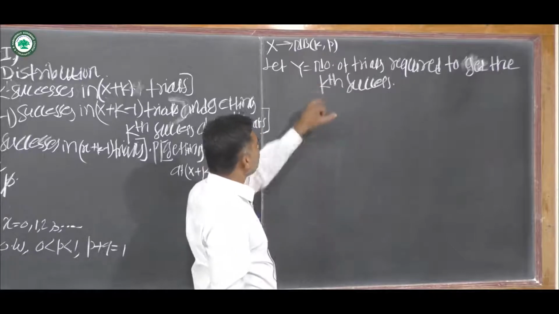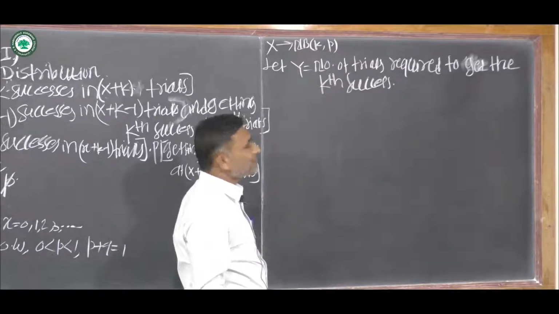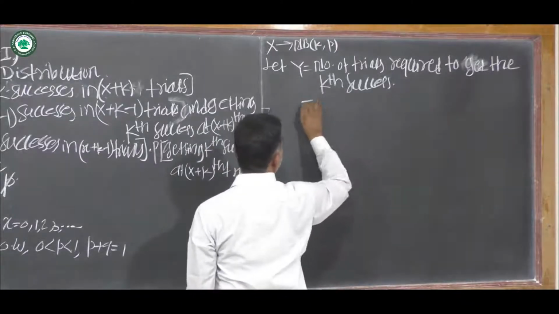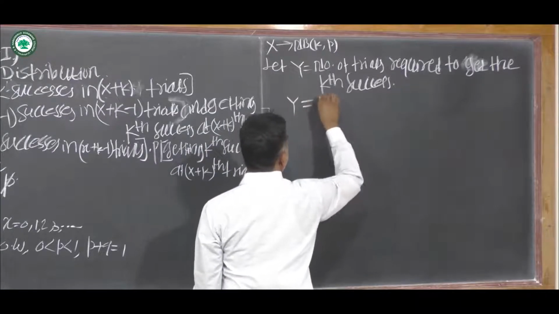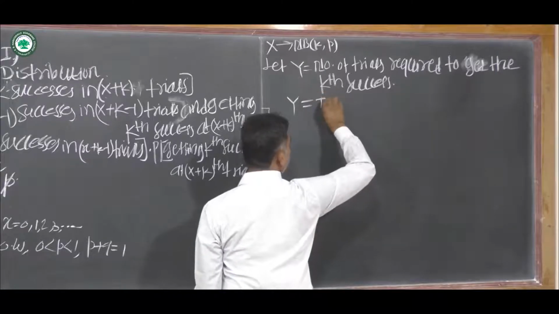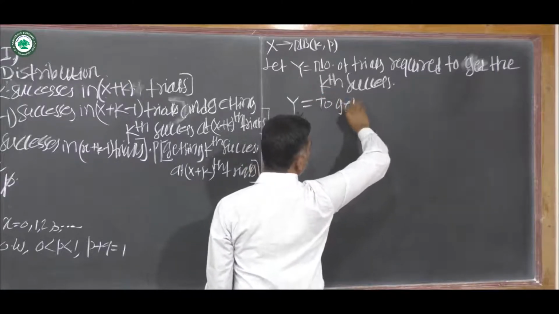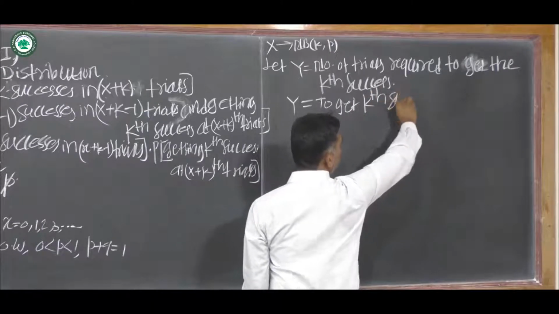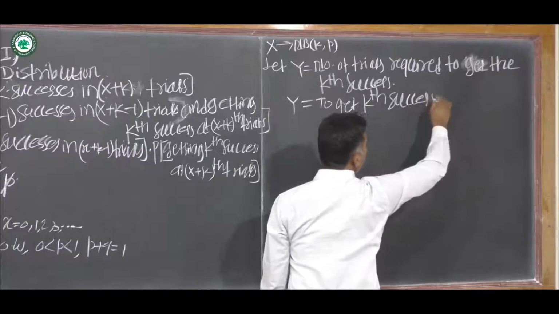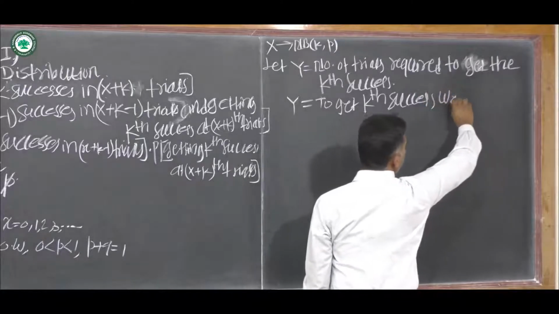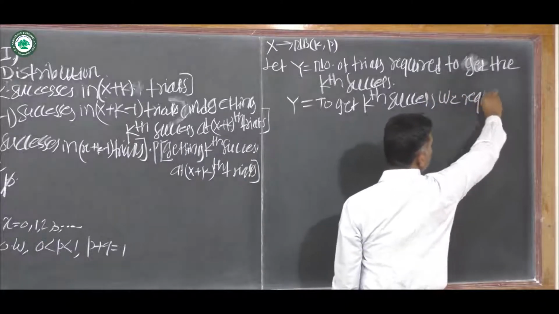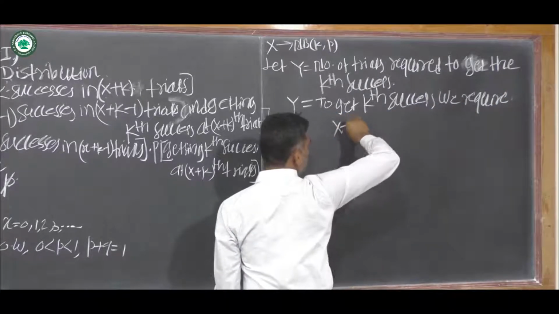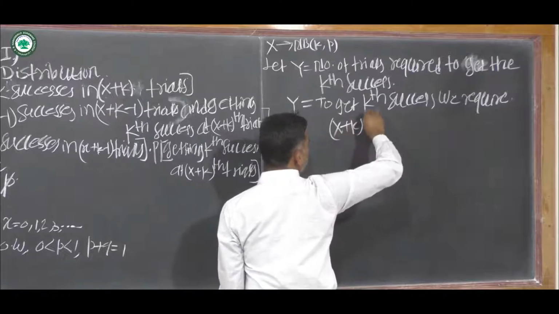Or why is what? To get the kth success, we require x plus k trials, which is equal to y.